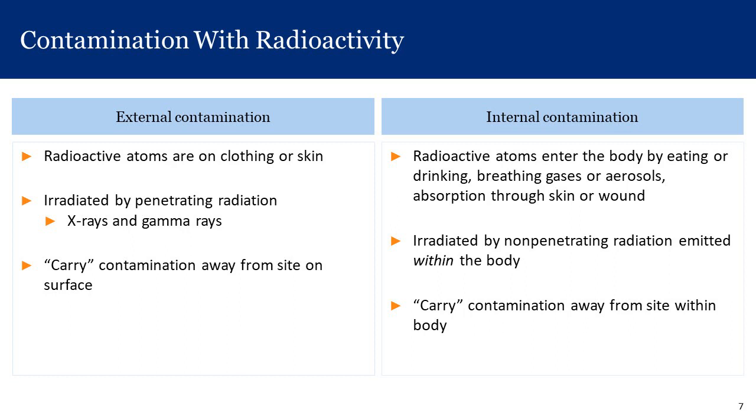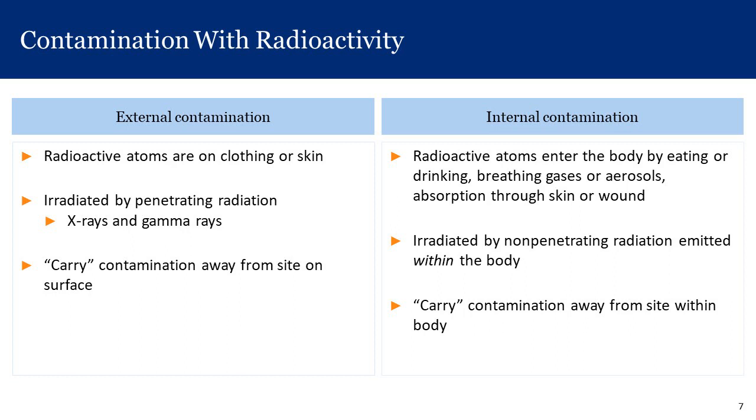You'll also recall that when you go to a doctor's office and get an X-ray, they put a lead shield on you because X-rays are also highly penetrating, and lead is a very good protective mechanism against that. One can carry contamination away from the site of an event, such as a dirty bomb, on surfaces, so skin, clothing, as alluded to a moment ago.